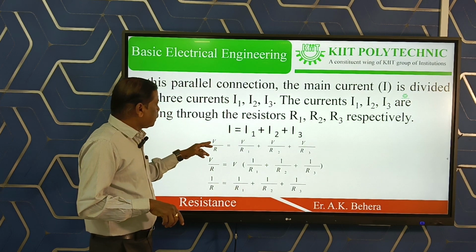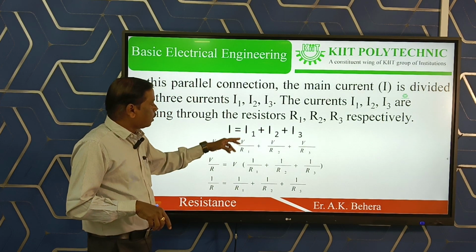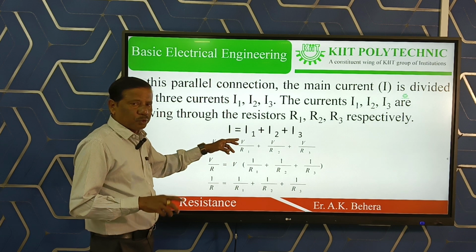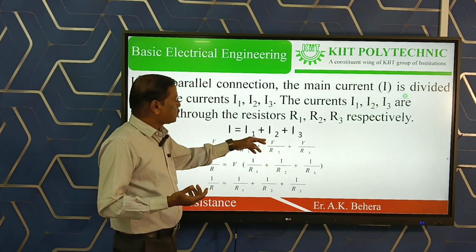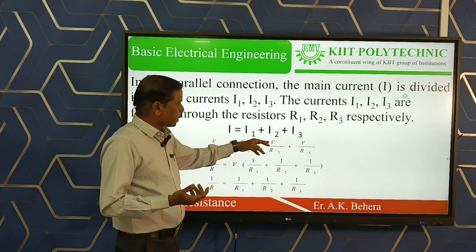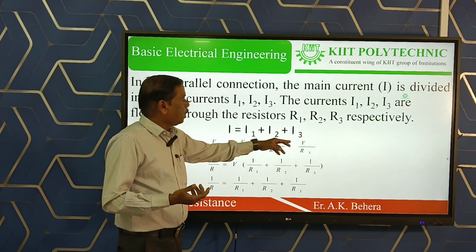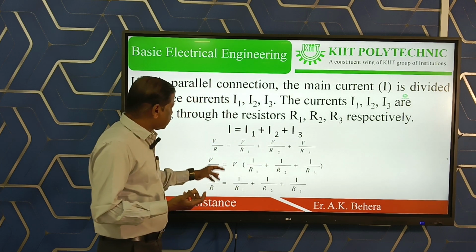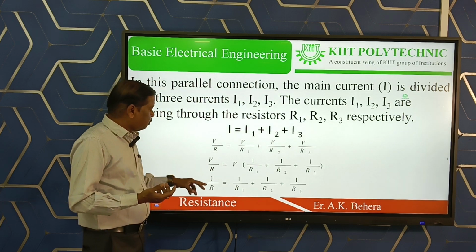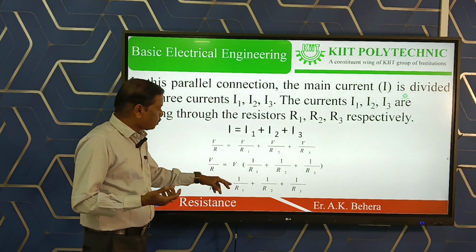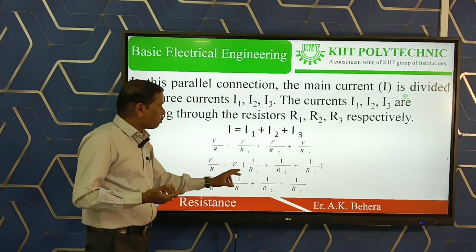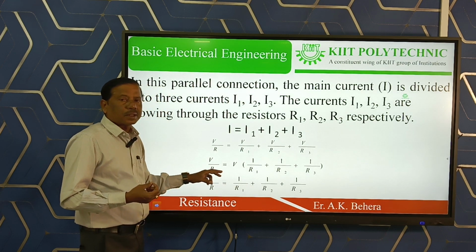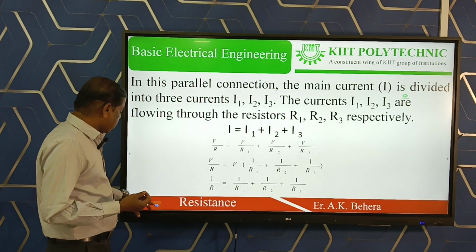So I can write I equal to V by R, and I1 equal to V by R1, since the voltage is the same, divided by that particular resistance. Again the voltage is the same for the second resistance, V by R2, and V by R3. By simplifying this, I can write V by R equal to V into this, so 1 by R equal to 1 by R1 plus 1 by R2 plus 1 by R3. This is the formula to calculate the equivalent resistance of the parallel circuit.